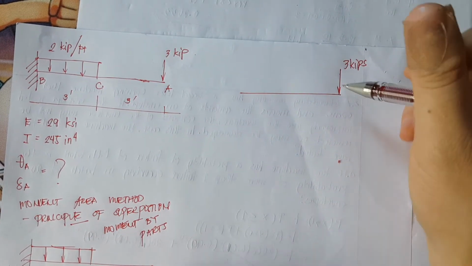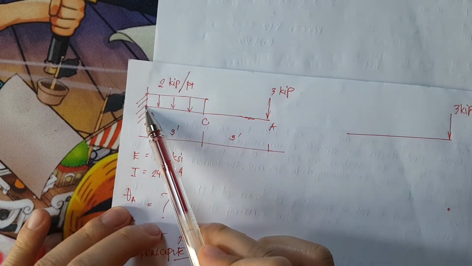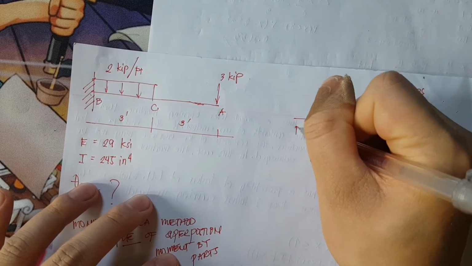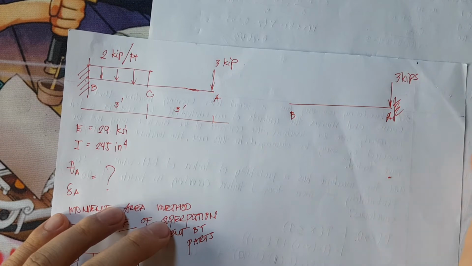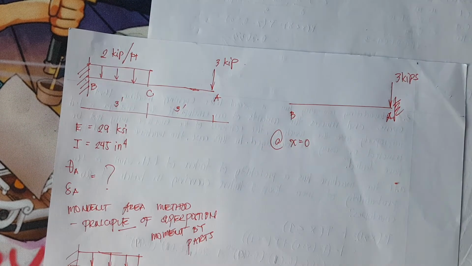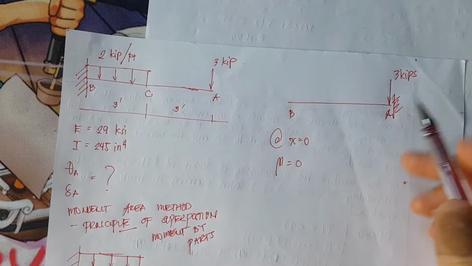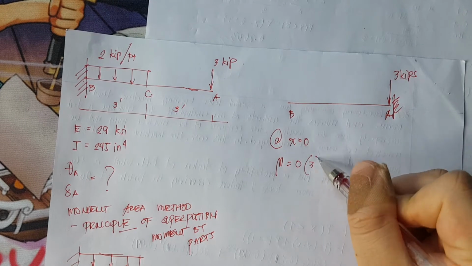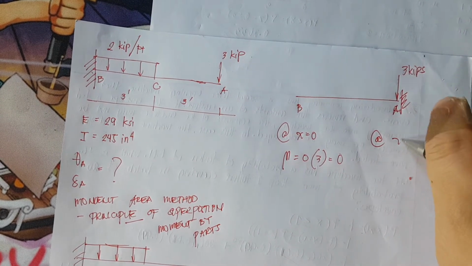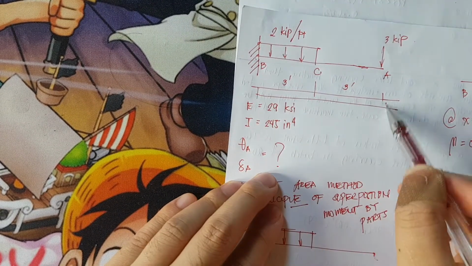So, this time, ililipat natin yung support from B to A. So, okay? So, at distance x, which is 0, ang moment natin is equivalent to 0. Kasi 0 times 3 is equivalent to 0. Okay? So, at distance, this is x kasi. The whole of this is x. Okay?